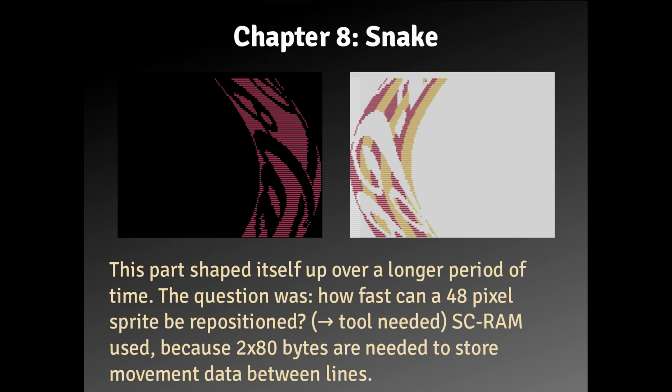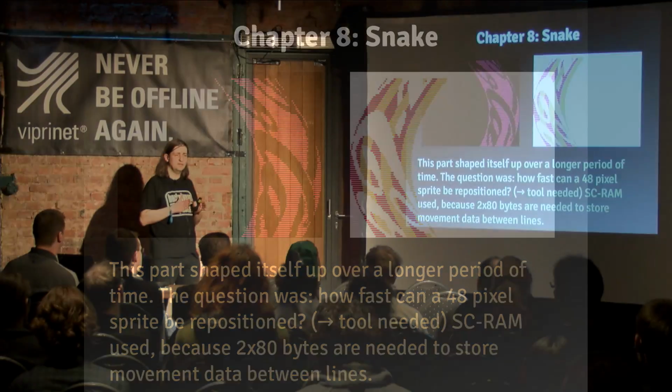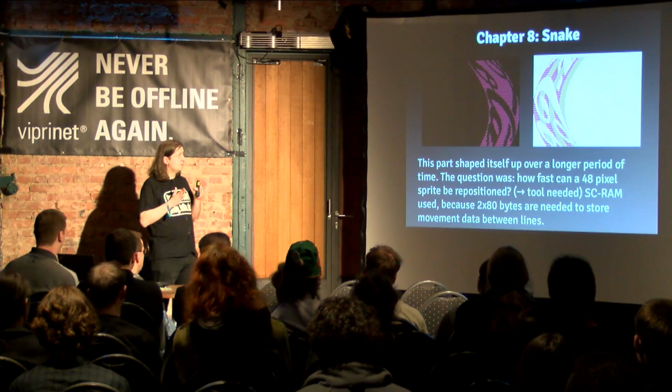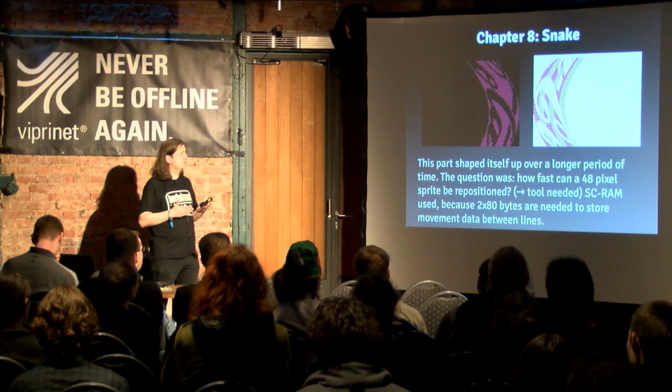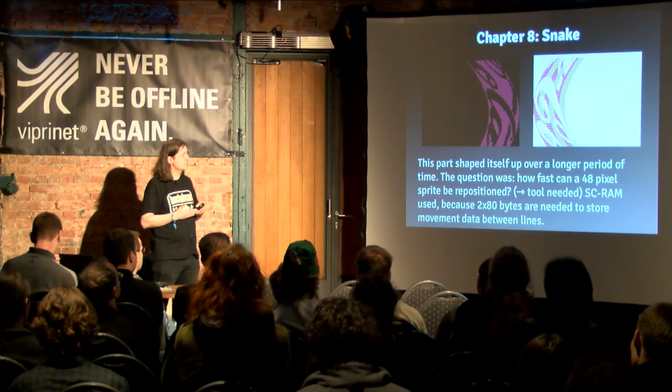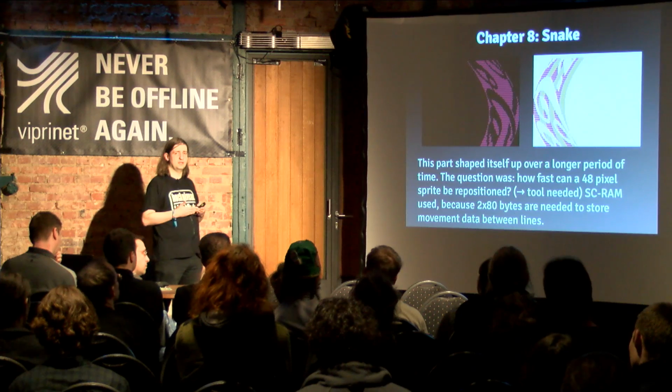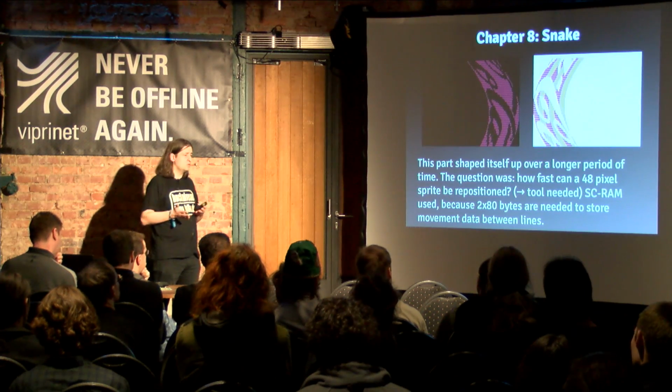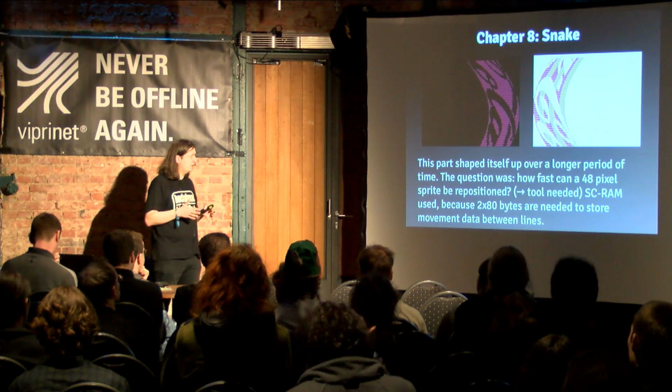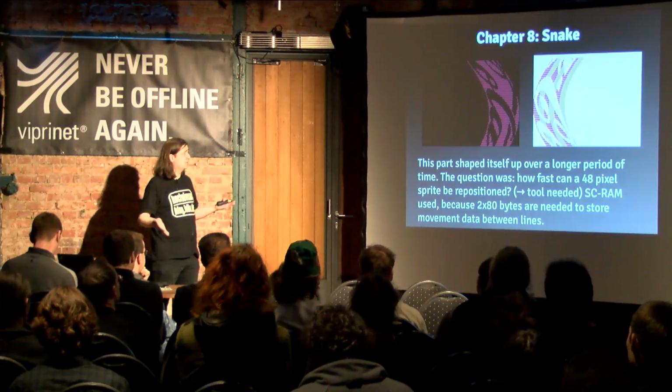Because if you're going to do a 48 pixel sprite, you have so few CPU cycles left that in the basic version, the general version that's been around, you only have 6 clock cycles left for the whole line, because every other clock cycle is used just for changing and displaying the graphics. So you have no time to calculate what to move where, and not even to get some offset.